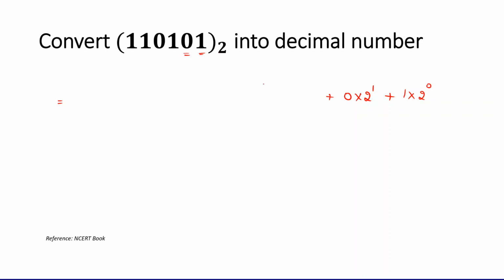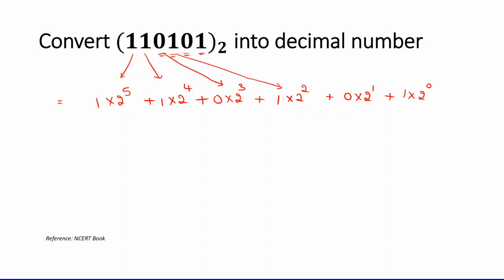Plus, I am writing the third digit from the right side, 1 into 2 to the power of 2. This digit is done. Plus 0 into 2 to the power of 3 plus 1 into 2 to the power of 4 plus 1 into 2 to the power of 5. Each digit is equivalent to its term, and the last digit is equivalent to the last term.